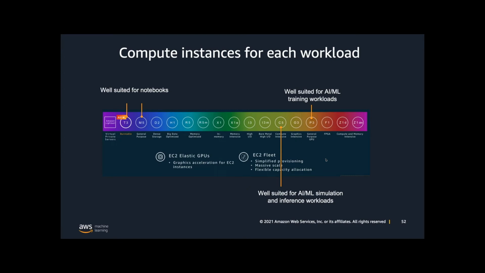So of course there are compute instances that are only suited for running the notebooks. A few of them can be used for simulation and inference workloads. And when we need more specific training, you can use general purpose GPU, or we have a range of different compute instances for different types.